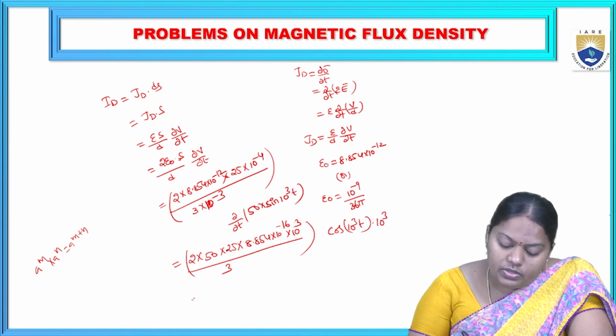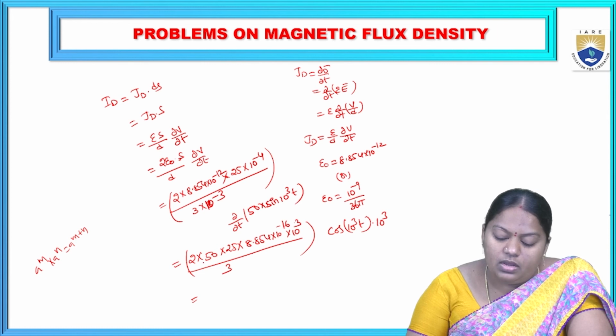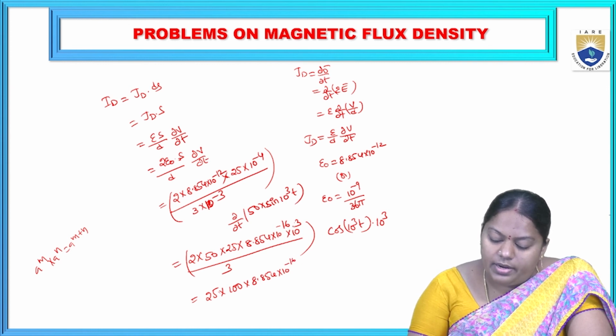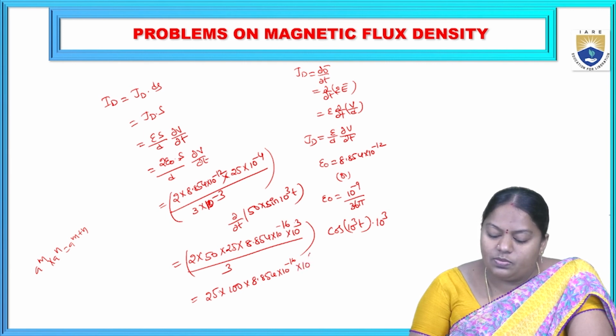Which is equal to 2 into 50 and here 25. 2 into 25 becomes 50, 50 into 50 becomes 2500, meaning 25 into 100 into 8.854 into 10 power minus 16. Already 10 power 3 is there, multiplied again with 10 power 3, that becomes 10 power 6 by 3 cos 10 cube t.